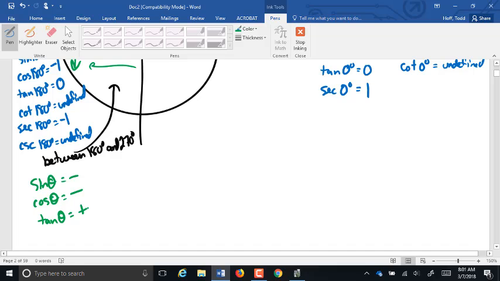Negative divided by negative is a positive. Cotangent, 1 over tangent, 1 over a positive is a positive. Secant, 1 over cosine, 1 over a negative is a negative. Cosecant, 1 over sine, sine's negative, cosecant's negative.